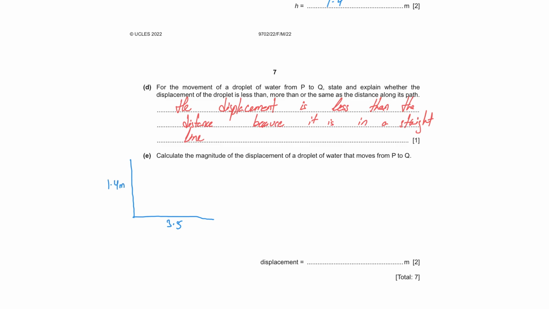They're asking you for this displacement, which is basically the hypotenuse. So using Pythagoras' theorem, this is displacement. We'll say the displacement squared is equal to 1.4 squared plus 3.5 squared, which is equal to 3.8 meters.